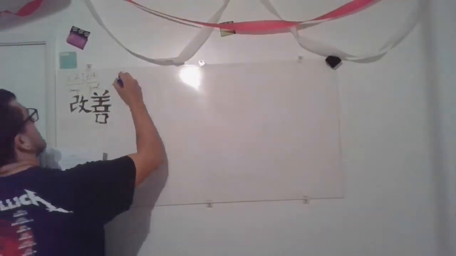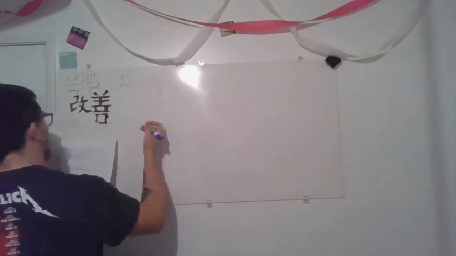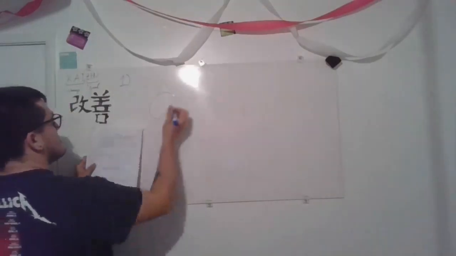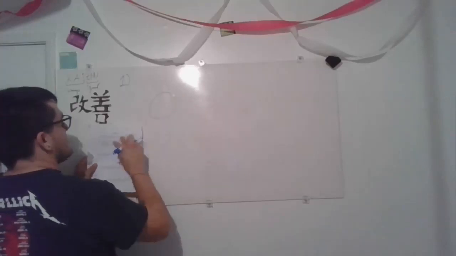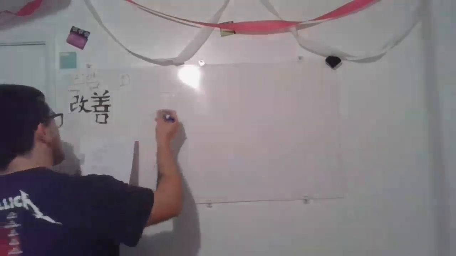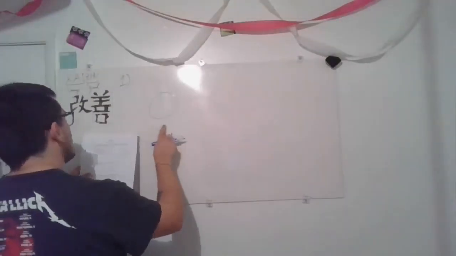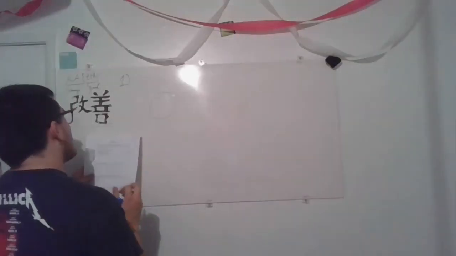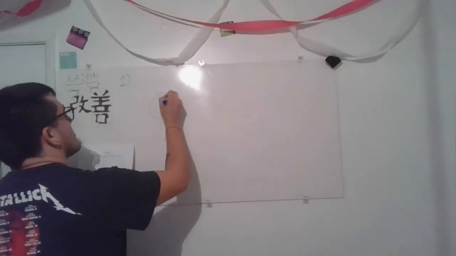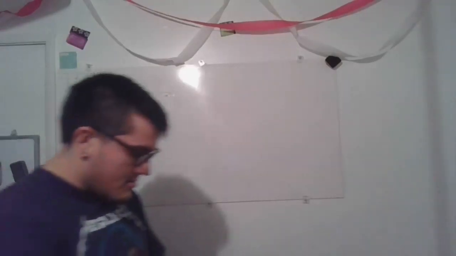So number one. It says a charge Q is uniformly distributed on a solid insulating sphere of radius A. Let me get a darker marker.